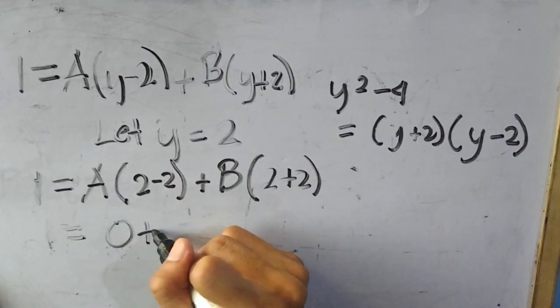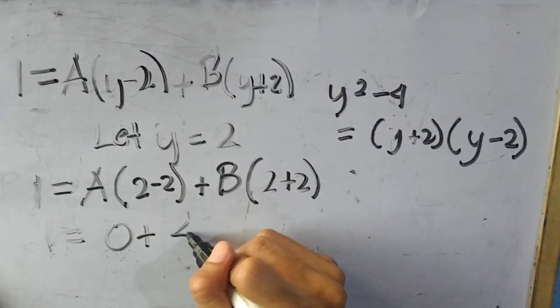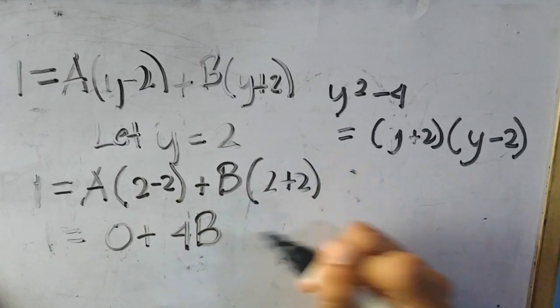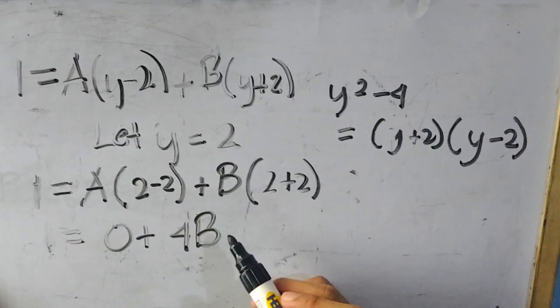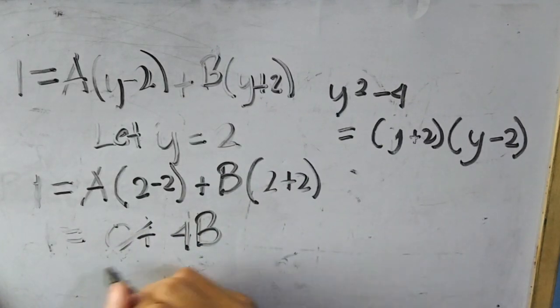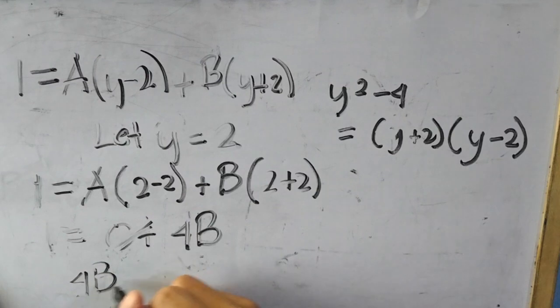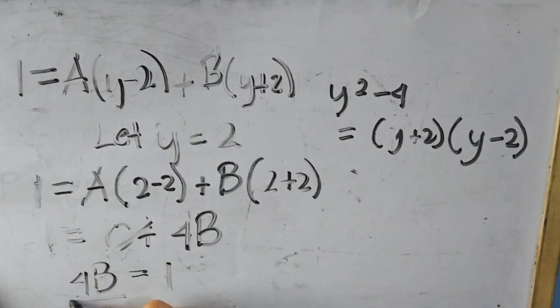So this is 0 plus b times 4, so 4b. So 4b is equal to 1, and we divide both sides by 4. So the value of b is equal to 1/4.